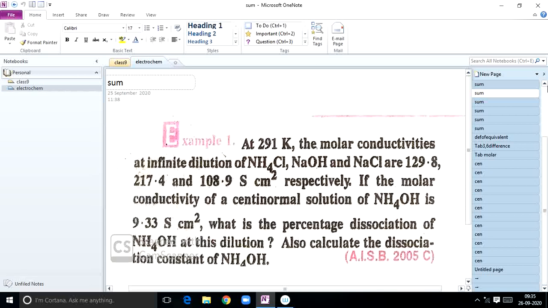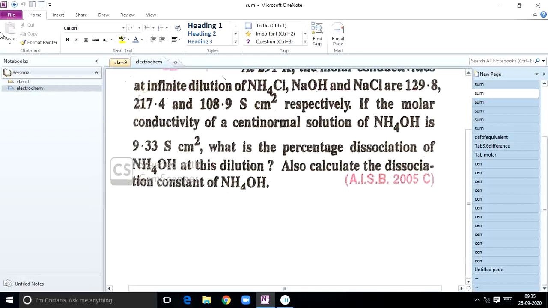Now what are the values given, students, from this data? Try to find out the values here. Read the question once. What data is given in the question? First, molar conductance at infinite dilution are given, or zero concentration you can say. Lambda m infinity of ammonium chloride is given. How much? 129.8 Siemens centimeter square.